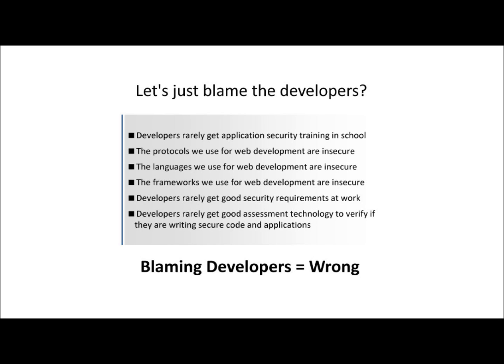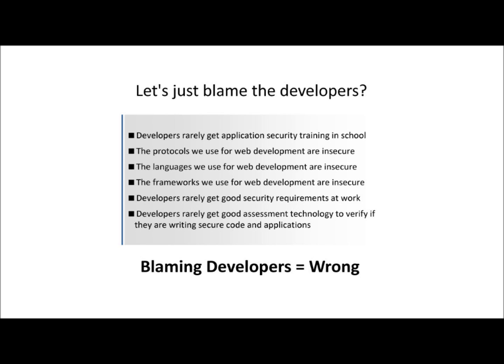I think it's wrong to just blame developers, because developers have rarely gotten application security training. The different protocols like HTTP that we use for web development is very insecure. The languages that we use for development are insecure. Java, PHP, .NET, they all have security problems.